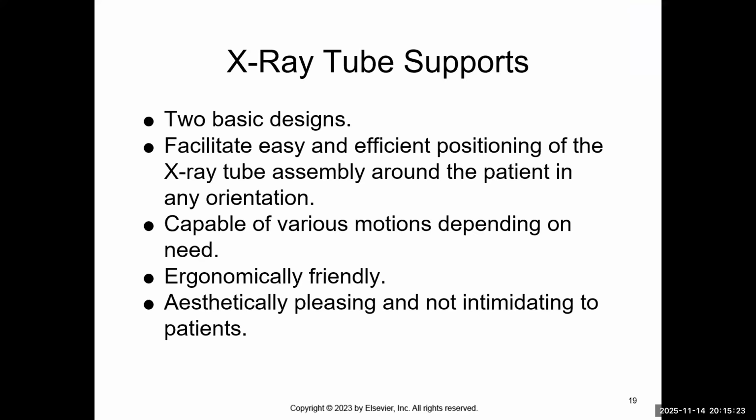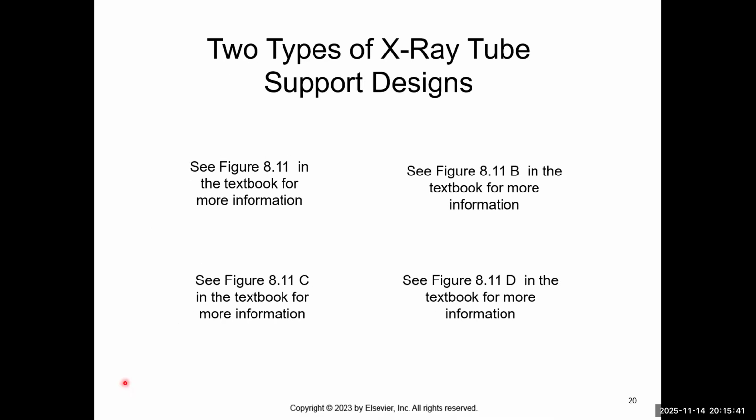All right, moving on. So we stopped at our tube support. We said there were 2 different types of tube support. Your book has pictures, but one of them is your overhead.